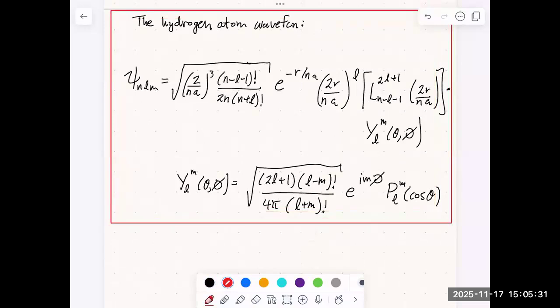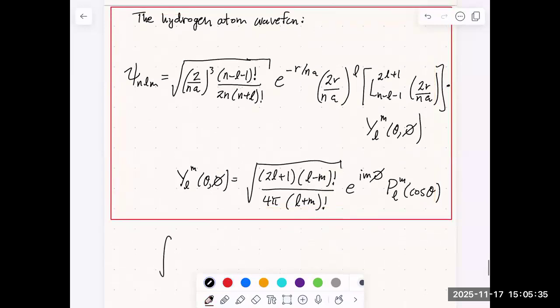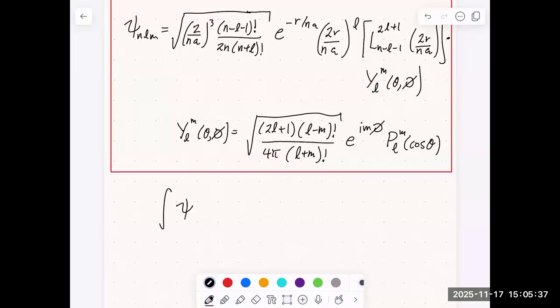Okay, good. And you can confirm if you want to that the hydrogen wave functions are orthonormal. So I should be a little careful here. Let me put primes on these things.